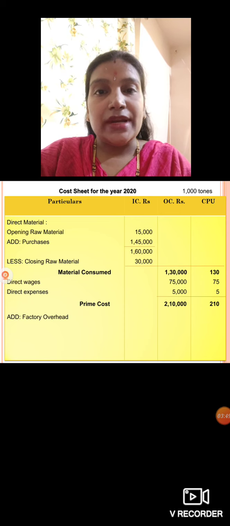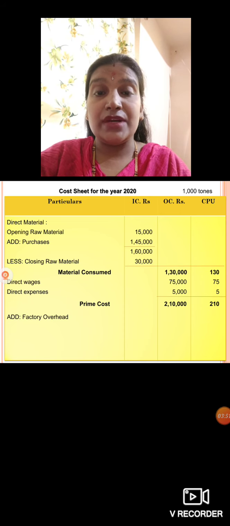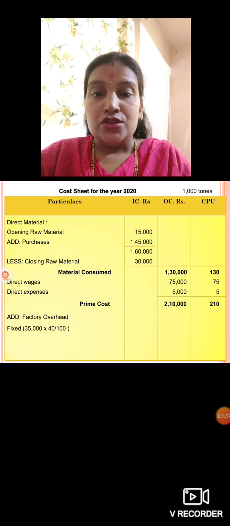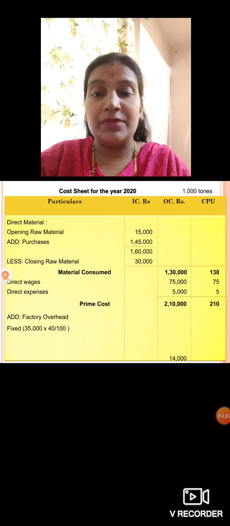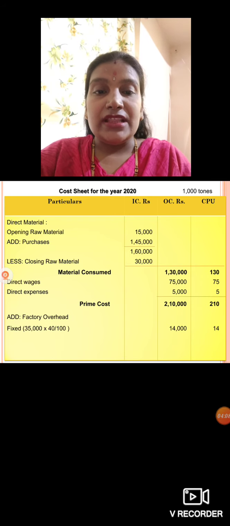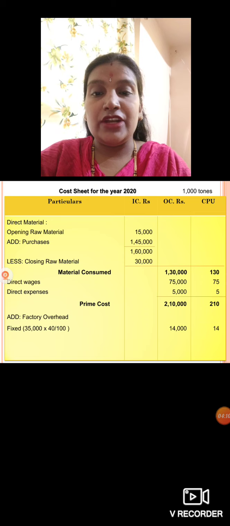The next overhead, first overhead, which one is it? Factory overhead. In that they have given 60% as variable, right? So fixed you have 40%. Of 35,000, 40% you should take, it is 14,000. This is fixed overhead. So 14,000 divided by 1000 you will get 14 rupees.